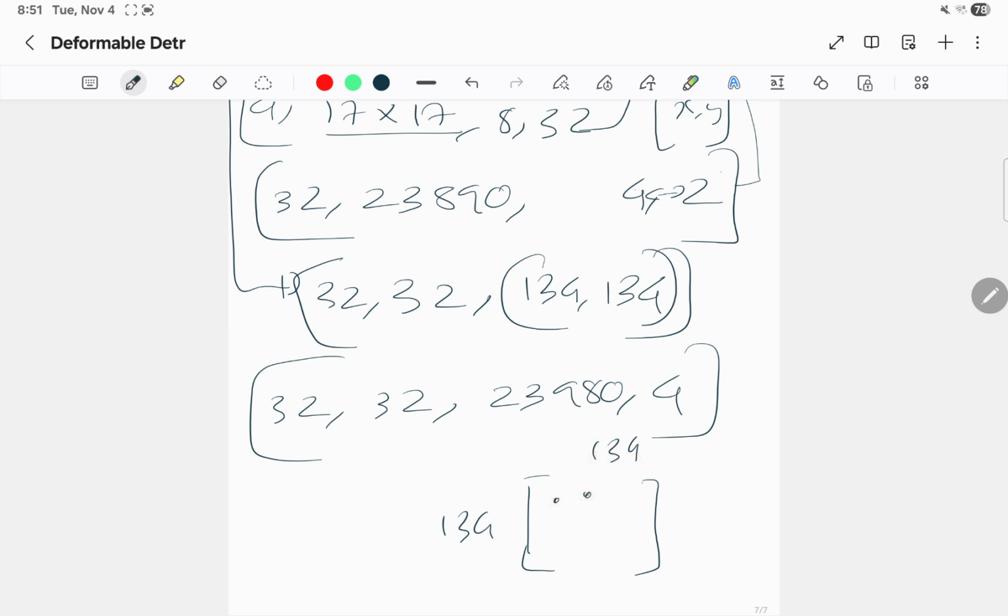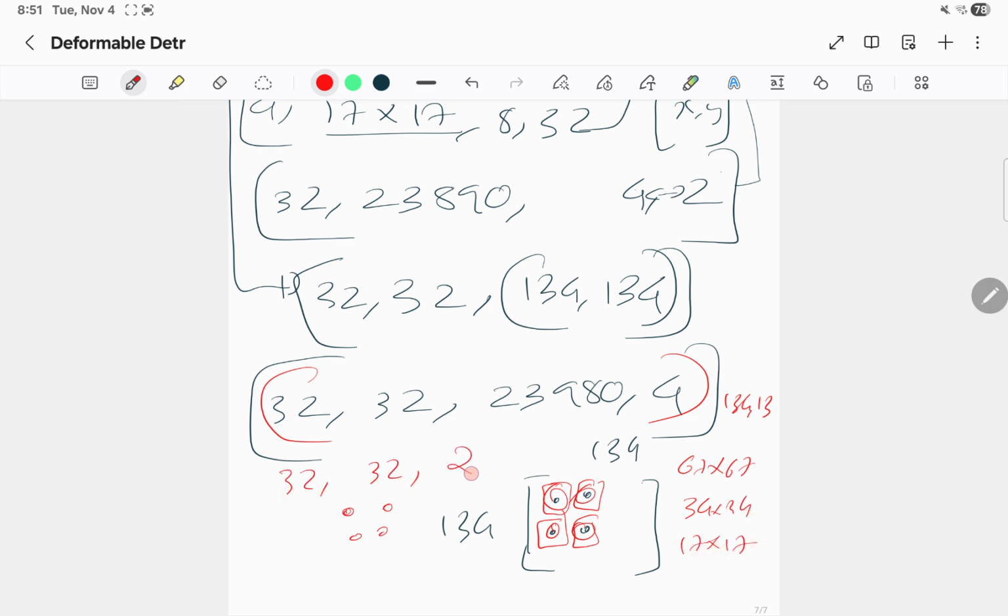It will look into the four xy points, and for each of these four xy points, it will look into four other points near them, do a bilinear interpolation of all those points and produce 4 points, which contain the information of all the other 4 points. Essentially this will be the output, and this output is for 134 comma 134. Similarly for 67 by 67, 34 by 34 and 17 by 17, you will have similar outputs.